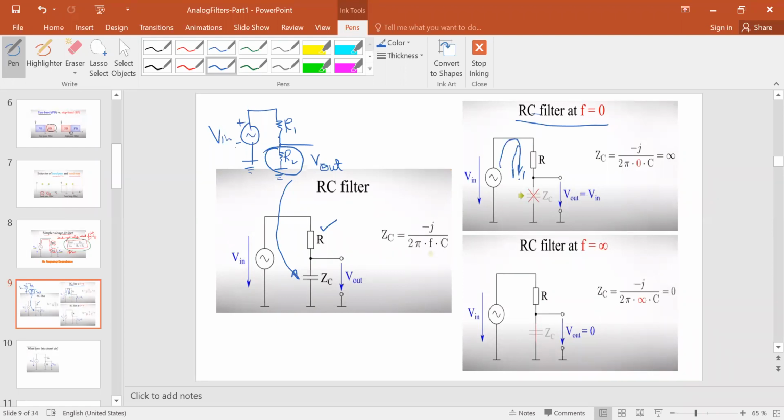Now this current becomes a part of omega, and in this omega, frequency is 0 because omega is 2 pi f. So omega is 0. Then we know that the impedance of the capacitor is given by minus j over 2 pi fC. Now f is 0, so the denominator goes to 0.